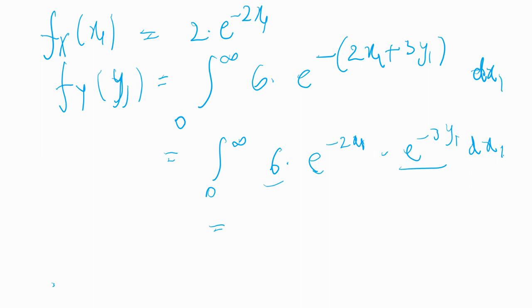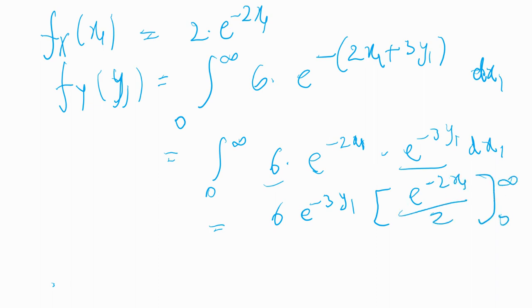You can just put your dx. So it will be e to the power minus 3y1. For this it will be e to the power minus 2x1 divided by 2. At infinity it will be 0, at 0 it will be 1. So ultimately you will have 3 e to the power minus 3y1 by 2.